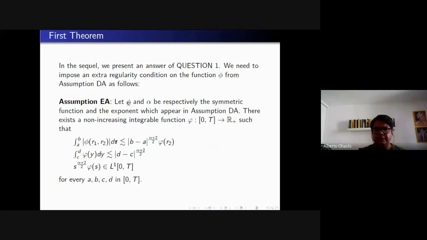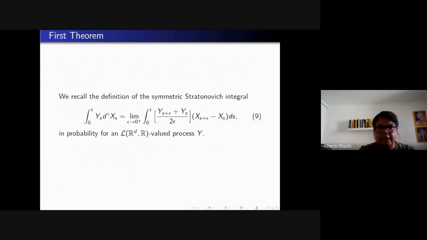One of the functions is phi, and we assume that phi has some kind of nice regularity, in the Hilbert type regularity plus some integrability conditions. It's a technical condition that is satisfied by many examples. And again, I will recall the definition of the Stratonovich integral.